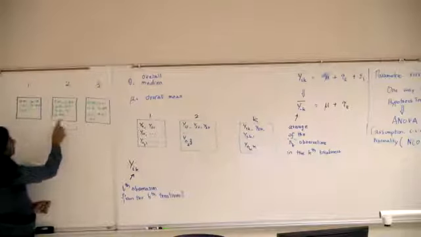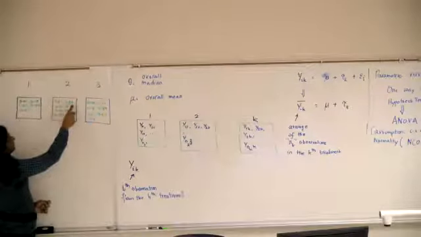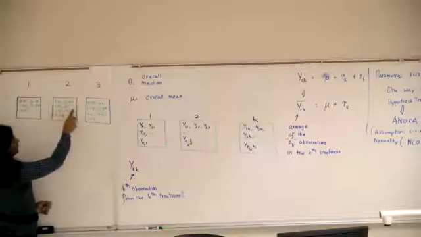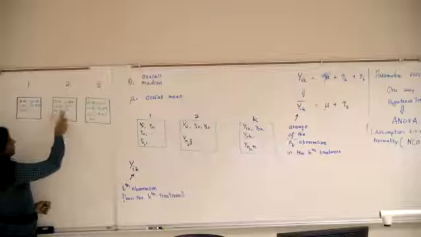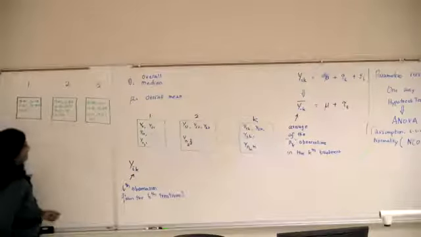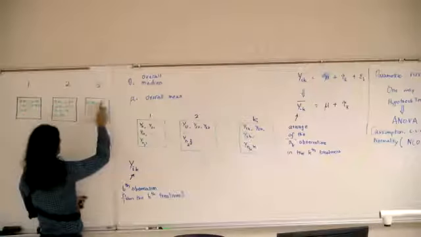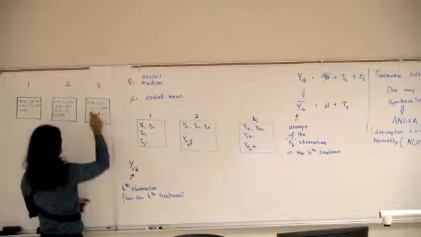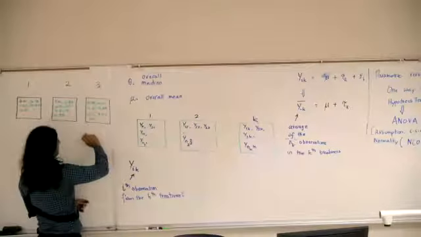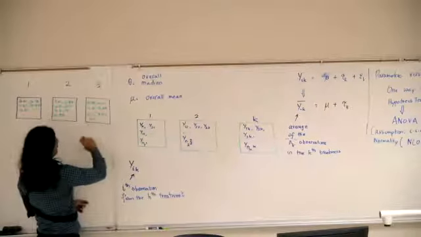Second treatment, 9.81, 2.89, 10.81, 10.11, 10.21, 10, 10.99. Last case, 10.99, 10.21, 10.41, 11.89, 11.01, 9.01, and 10.1. Good.